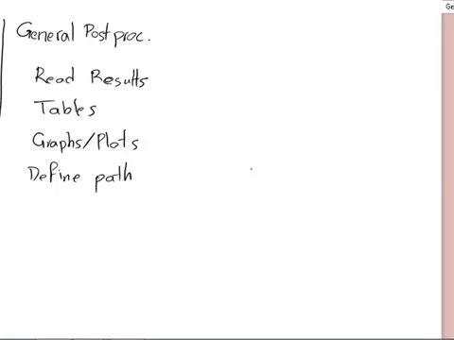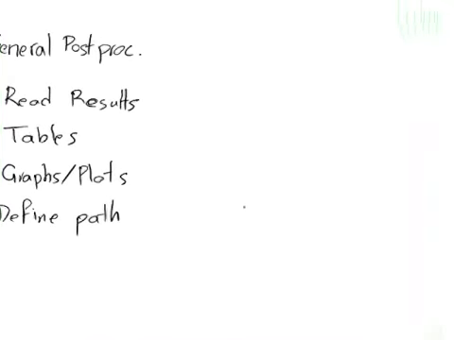And you get or read the results for that specific path instead of reading the results for the entire model, which, if you have a bulky model, it's very convenient to have a path defined and read the results for a certain path of interest.